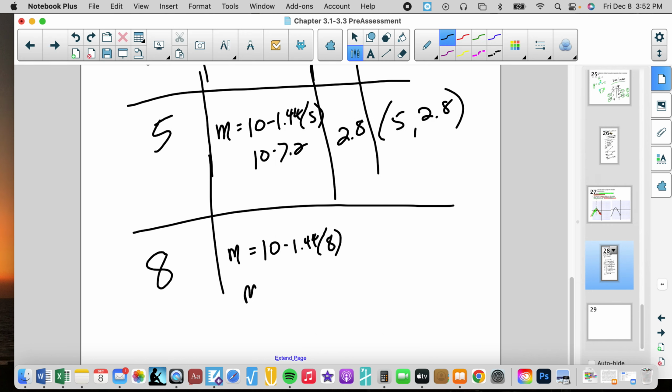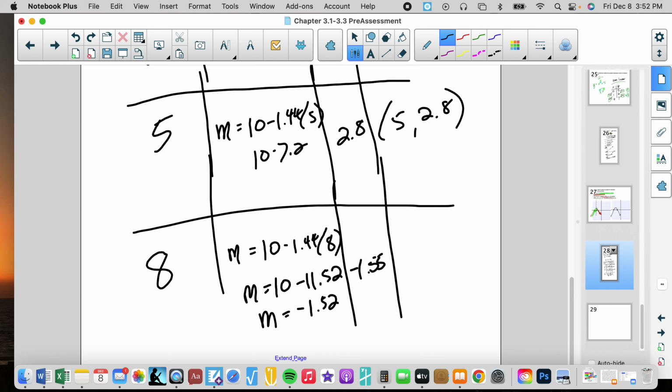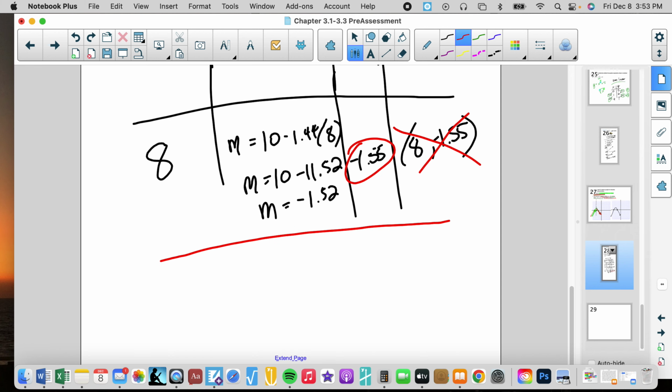So 10 minus 11.52 gives me negative 1.52. So I'm over. I've spent more than $10. So that's a no bueno. I can't buy 8 because I don't have enough money. I still owe about $1.52. So we can do 7, but that's going to be negative too.